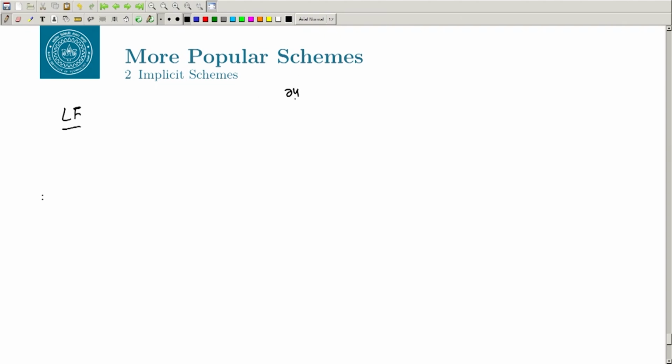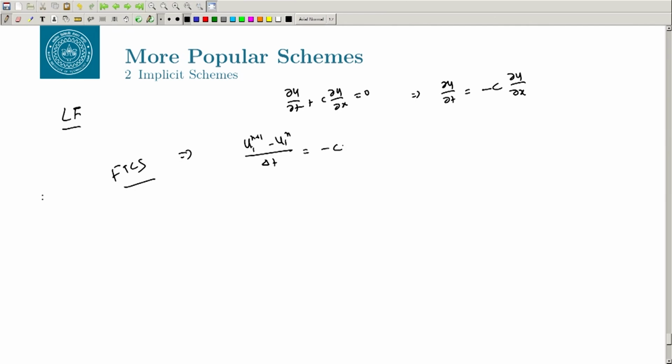So, your problem is del u by del t plus C del u by del x equal to 0, and you can write it as del u by del t is equal to minus C del u by del x. And what Lax-Friedrichs does, the usual approach, let us say if you use FTCS, this will be u i n plus 1 minus u i n by delta t equal to minus C times u i plus 1 n minus u i minus 1 n by 2 delta x.